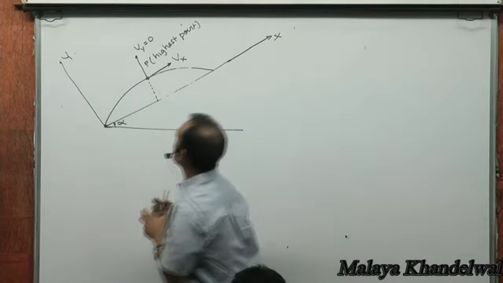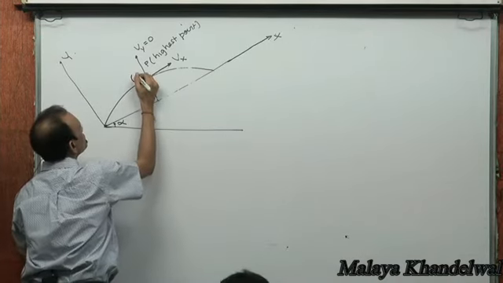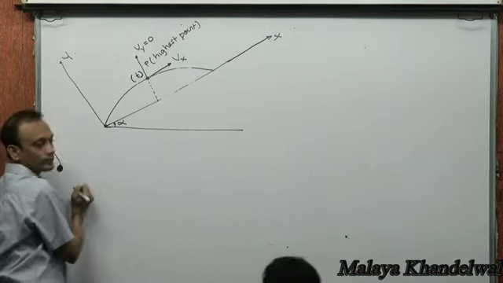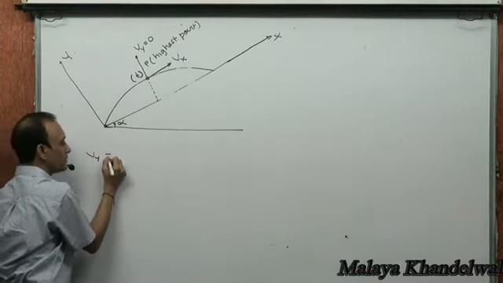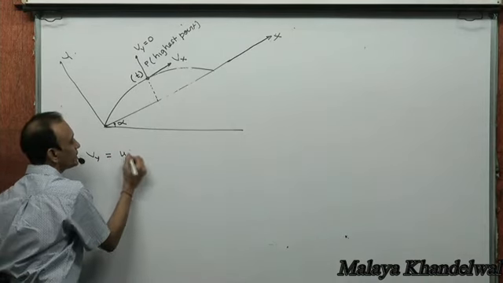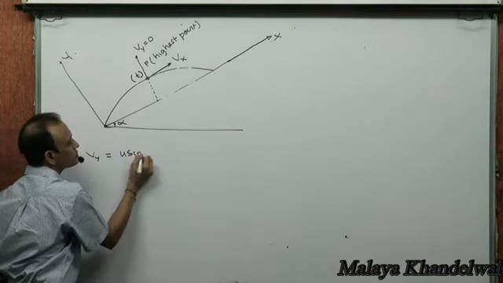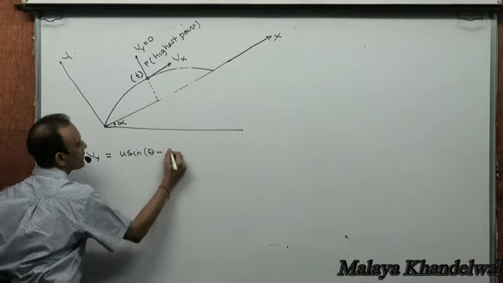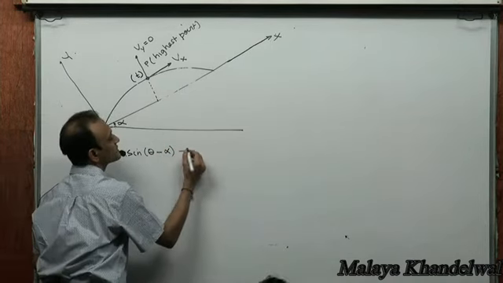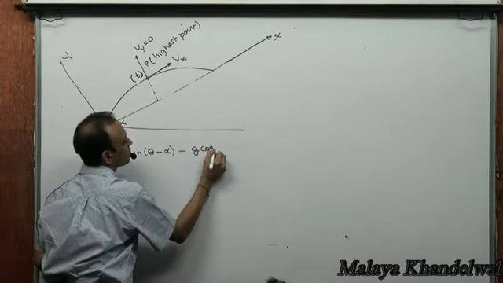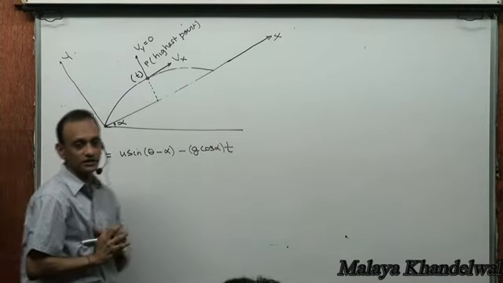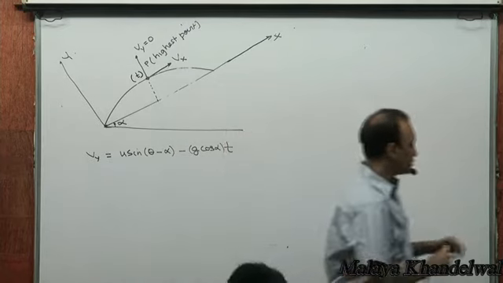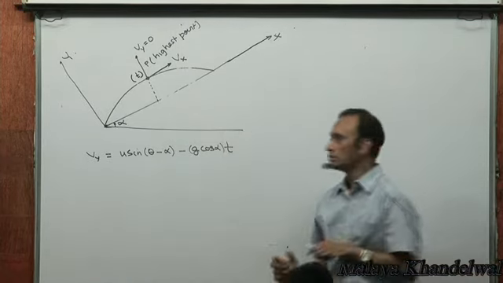Suppose the time taken to reach this point is t. Now do you recall Vy, velocity in the y direction, in t seconds is u sine theta minus alpha minus g cos alpha into t. That's the velocity t seconds later, which I demonstrated a little while ago, right?